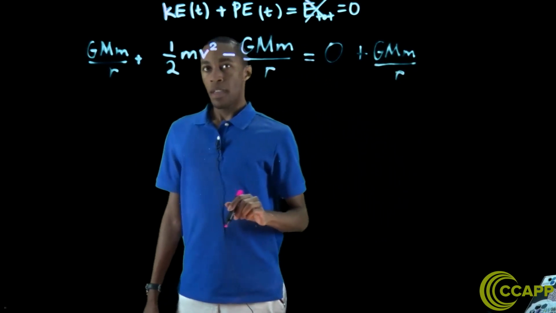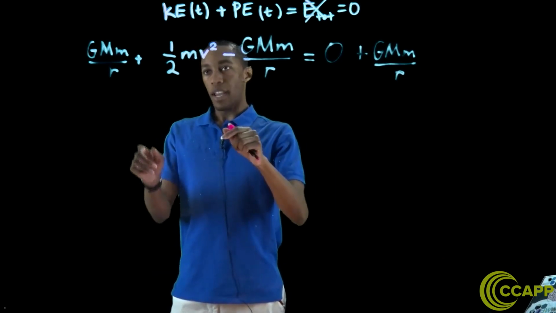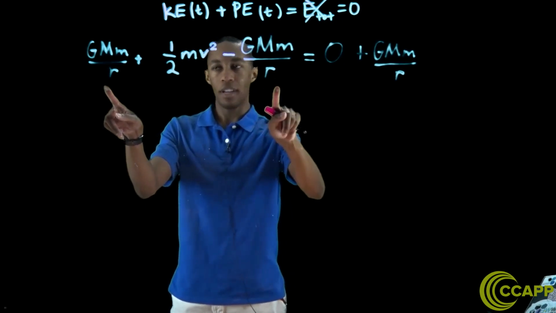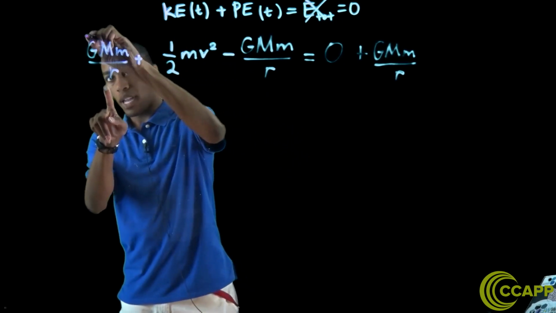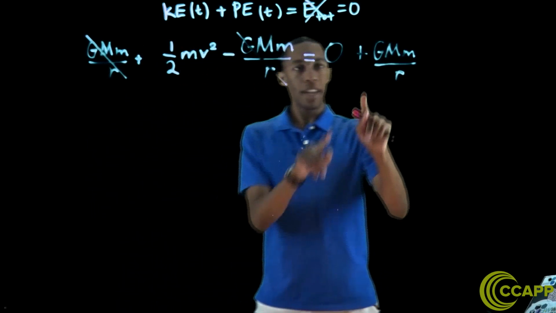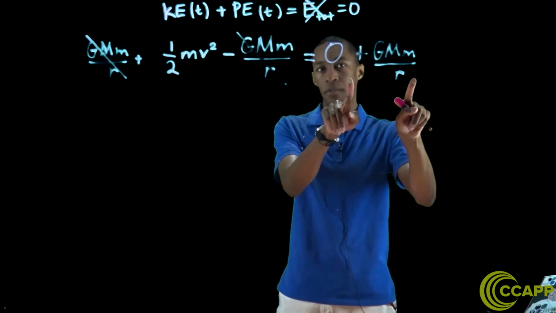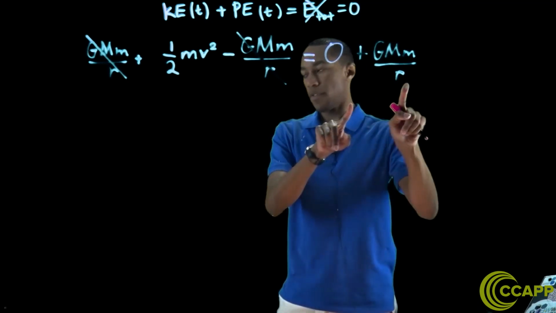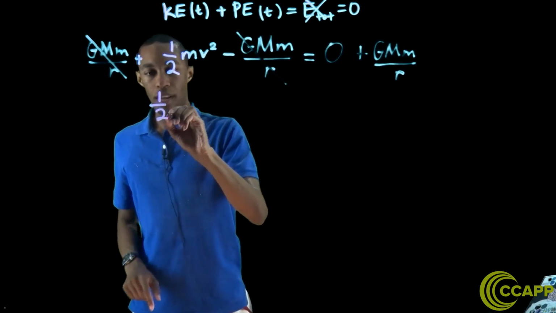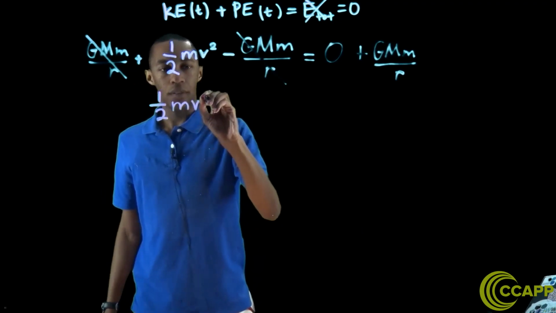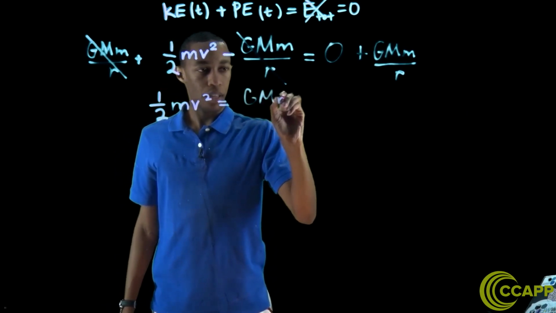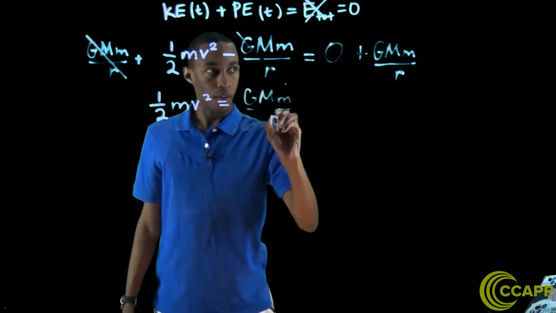Now on the left-hand side, we have a plus GMm over r minus a GMm over r, so these two will cancel out with each other. And on the right-hand side, it's just 0 plus this value, so that's going to be unchanged. So if I simplify this on the next line, I'm going to get that 1/2 mv squared is equal to G big M little m over r.